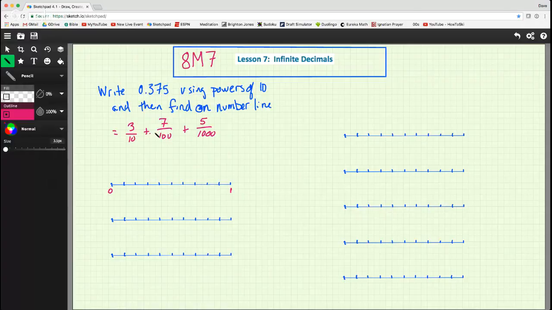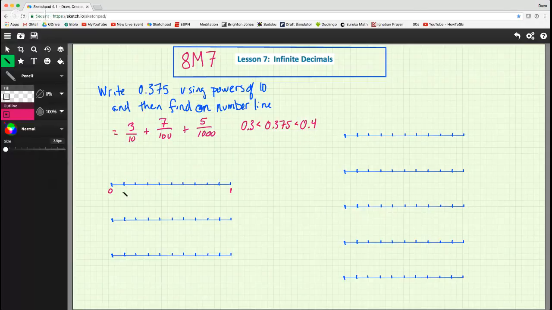And now we know that this number here, by using the strategy that we learned before, is between 0.3 and 0.4: 0.3 is less than 0.375, which is less than 0.4. We can use that same strategy from the last page to see that this number is bigger than 0.3 and also less than 0.4.